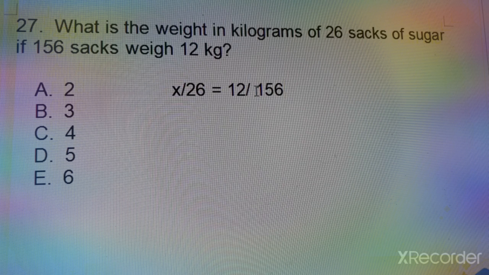So this is your equation. It's ratio and proportion, so cross multiply.